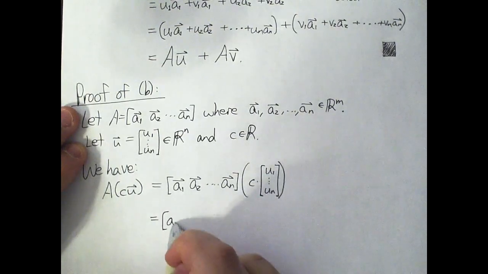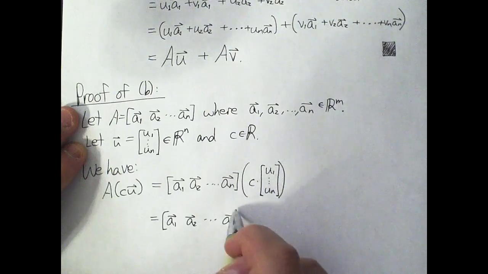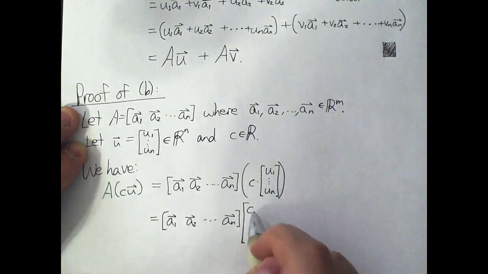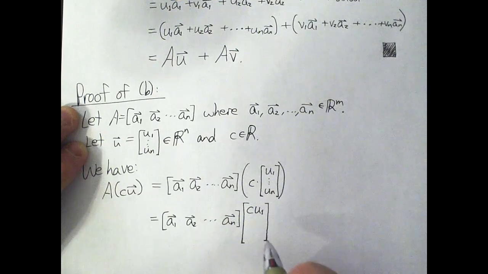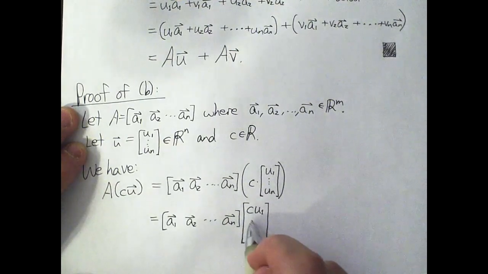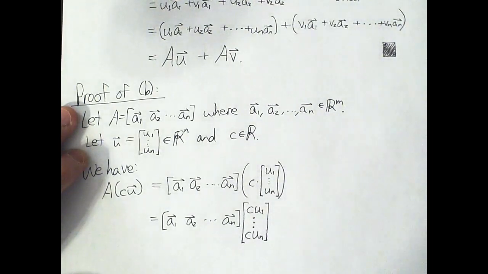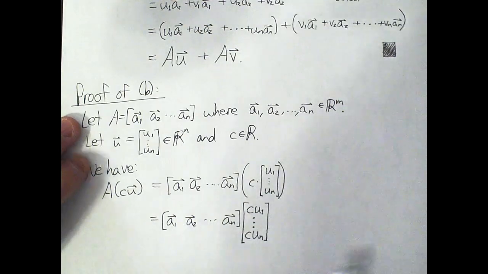I think what we could do is get this thing in parentheses to just be a column vector. Like bring the C inside that vector. So CU1 to CUn. This looks like a matrix times a vector.